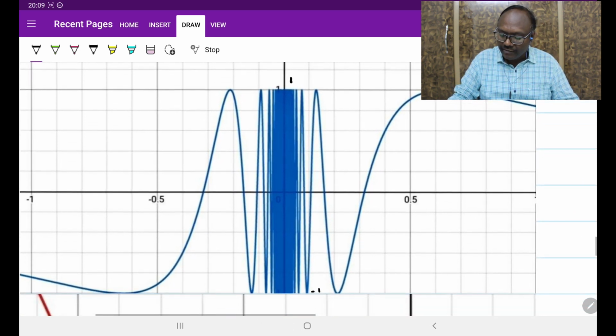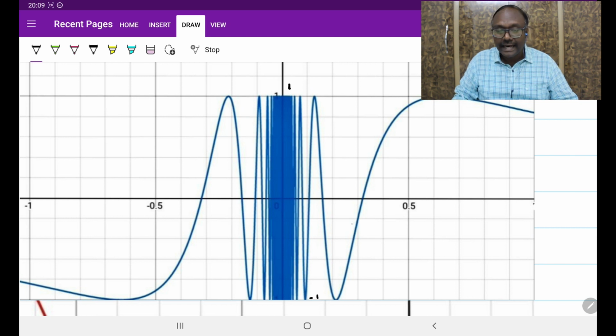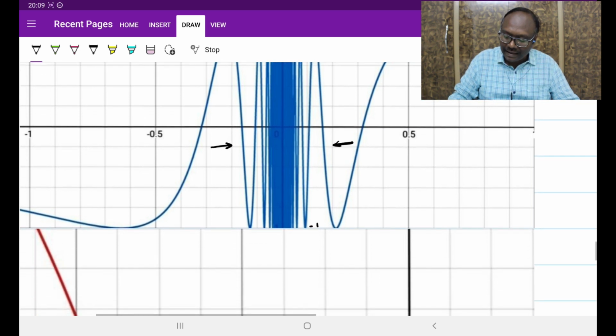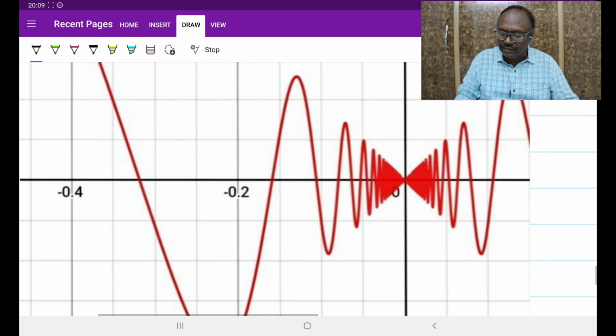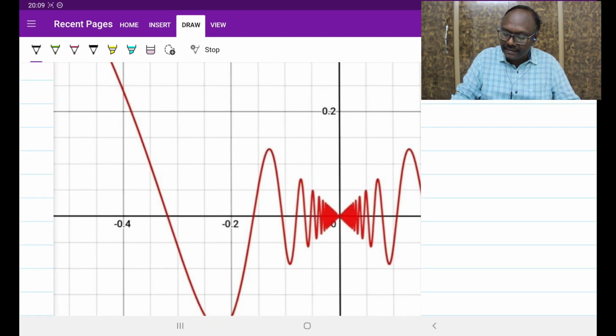So once again, if you observe this graph, we could observe that as x is approaching 0, either from the left hand side or from the right hand side, the value of y is oscillating from minus 1 to 1. Therefore, the limit does not exist. Now let us see another function, that is limit x tends to 0, x into sine 1 by x.